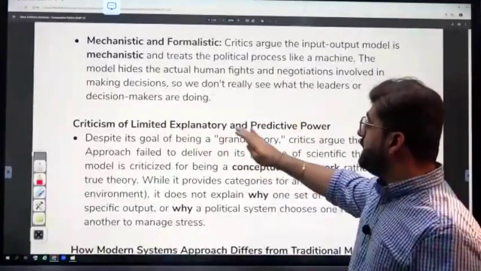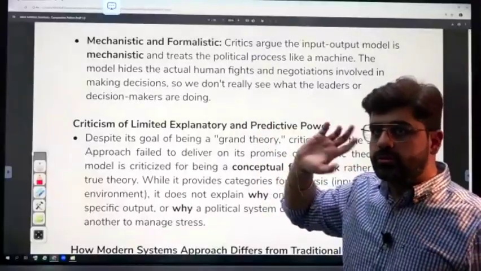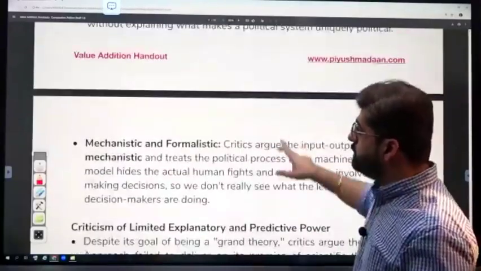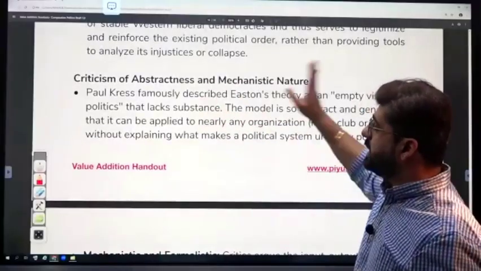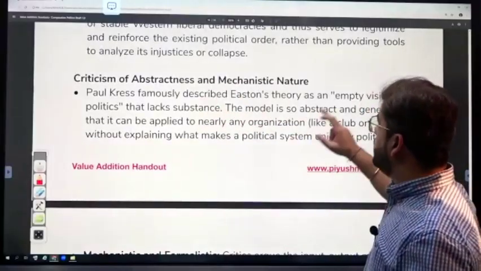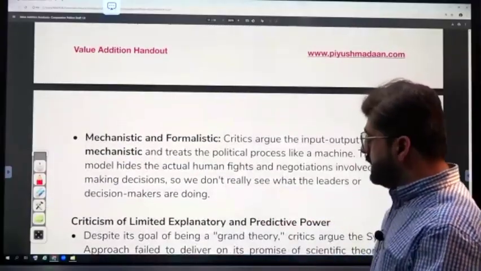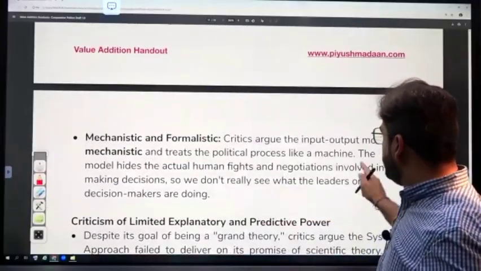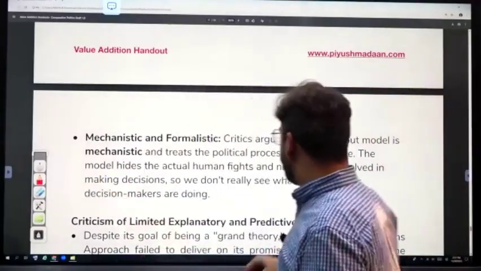Limited explanatory and predictive power. You don't have enough juice in your model. Second, it is abstract and mechanistic, an empty vision of politics. Or let me tell you better, read this statement with me.